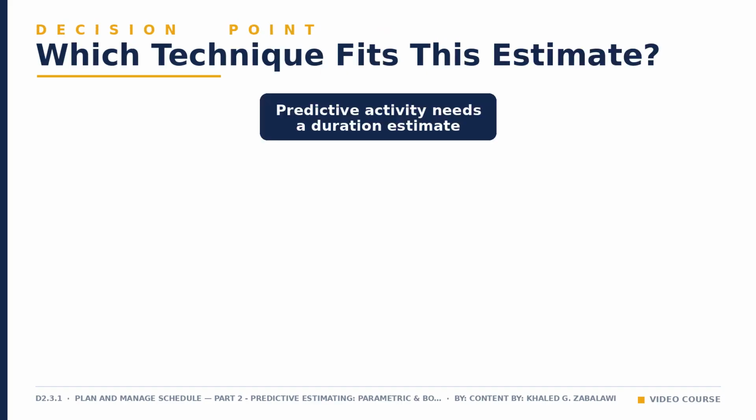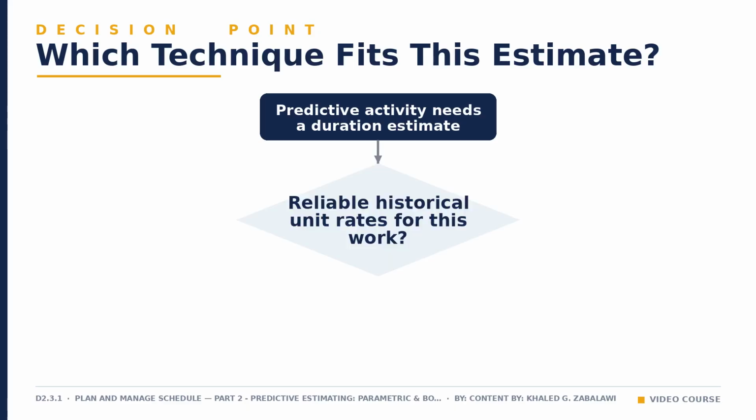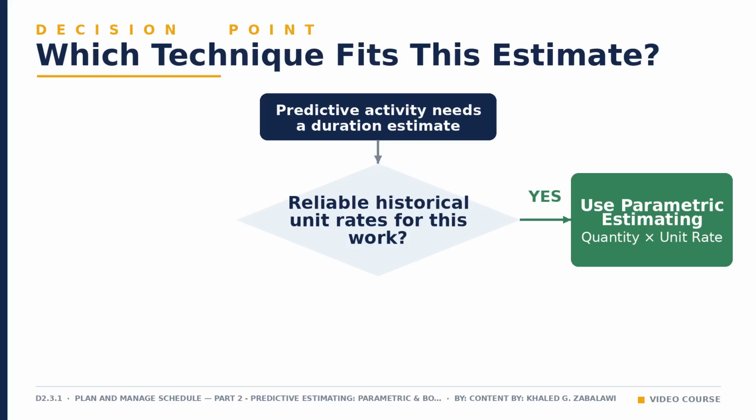Start with any predictive activity that needs a duration estimate before it can be sequenced and scheduled. Ask yourself the deciding question. Do you have reliable historical unit rates for this exact type of work? If the answer is yes, use parametric estimating. Multiply or divide the quantity by that trusted historical rate to get a fast, defensible number.